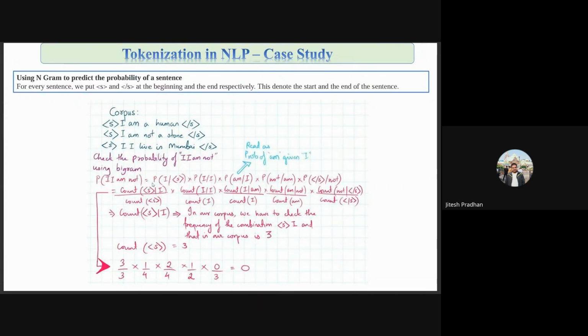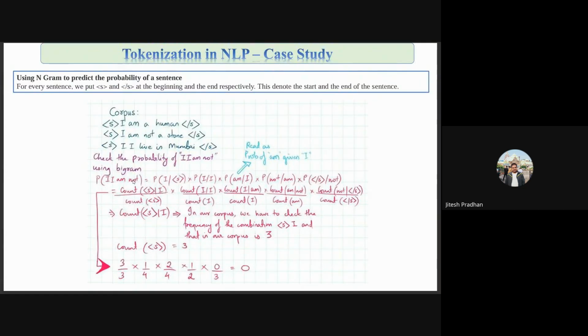So what are the probabilities? We have I, then another I, then am, then not. The first I will always be present just after <S>. So we know <S> and we are calculating the probability of I. It's called conditional probability: when <S> is known, the chance of having I. So it will be I in presence of <S>, then another I in presence of I, then am in presence of I, because I is already known and we are finding the probability of am when I is there.